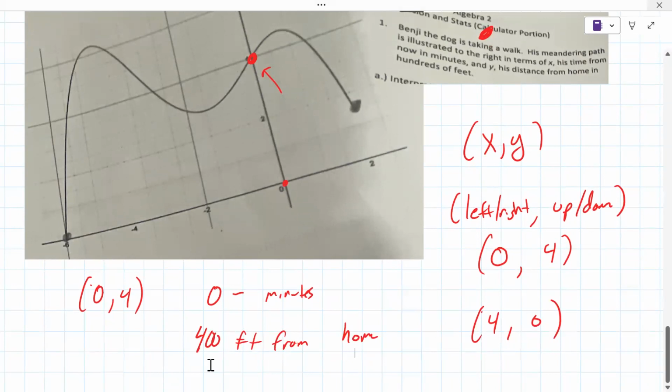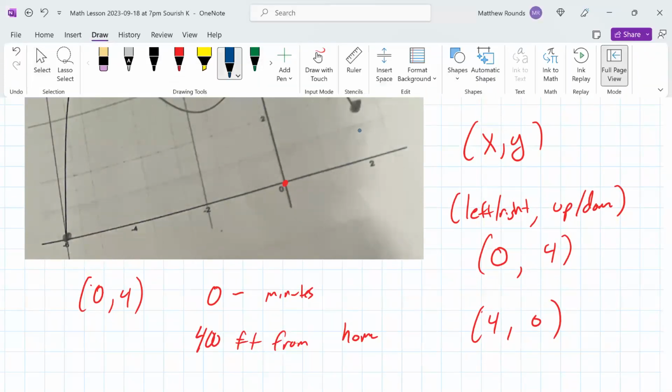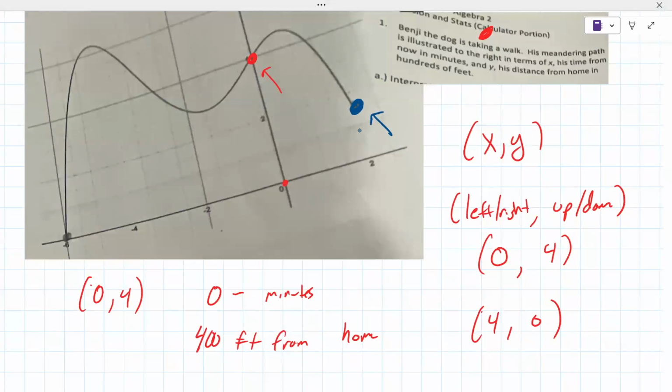Okay. Now let's look at another point. What's the ordered pair there in blue? That's a 2.